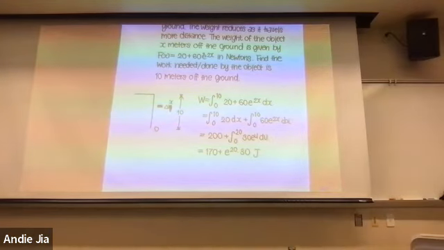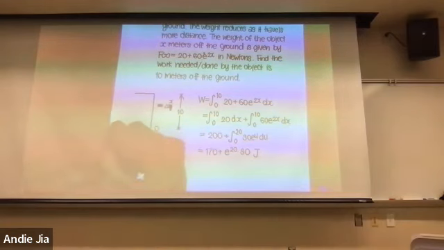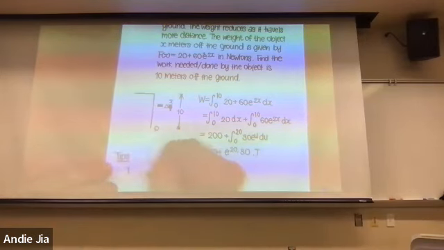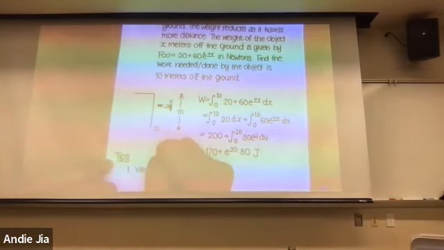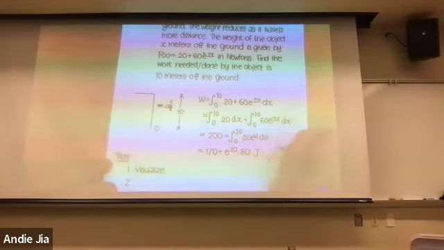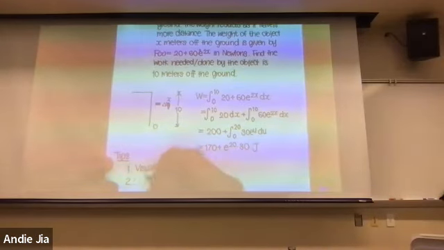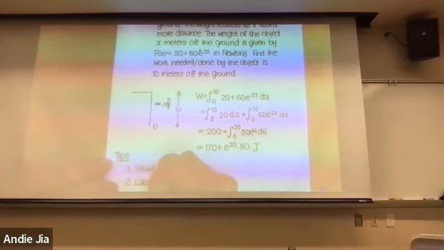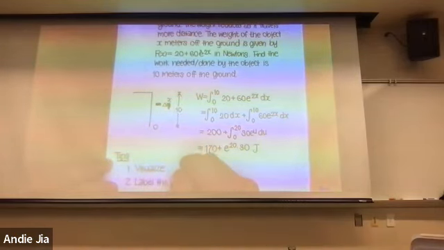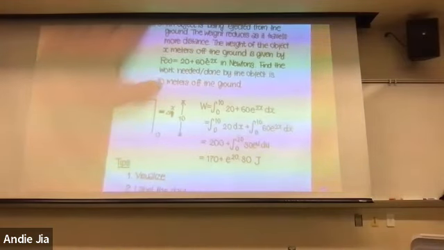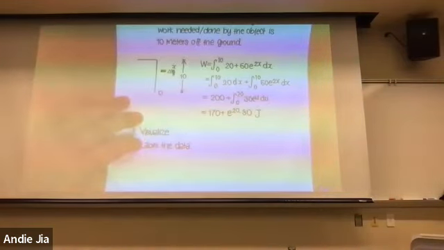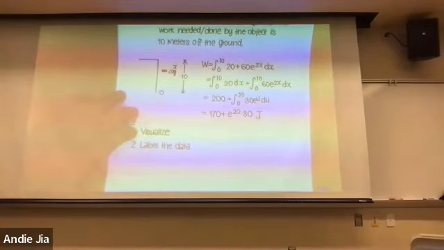So here are the tips for a leaky bucket problem. Number 1, visualize the question. Number 2, label everything. Number 3, if it's a constant rate, try to find a linear equation.